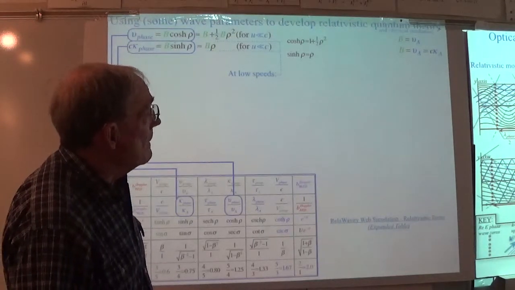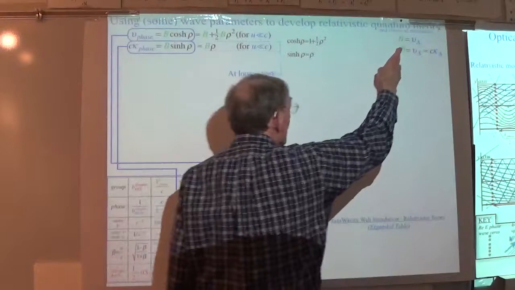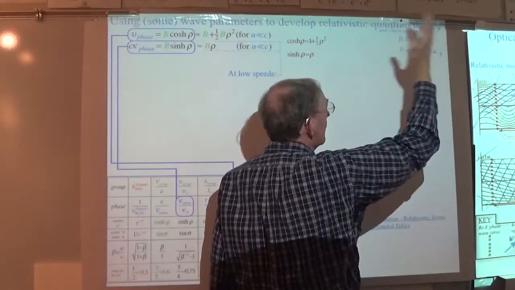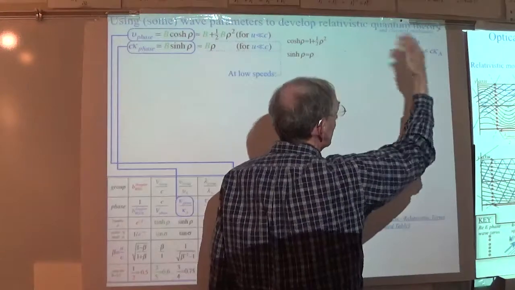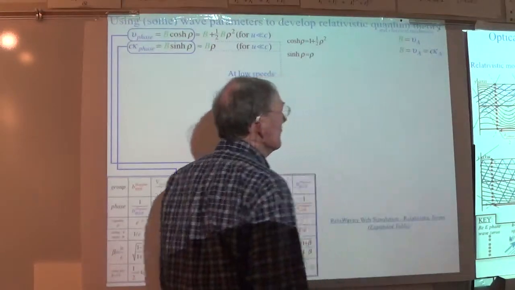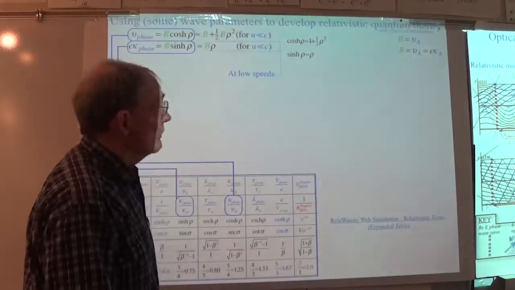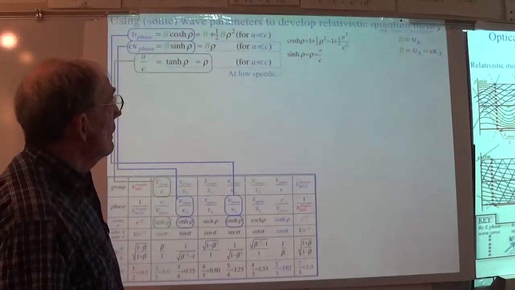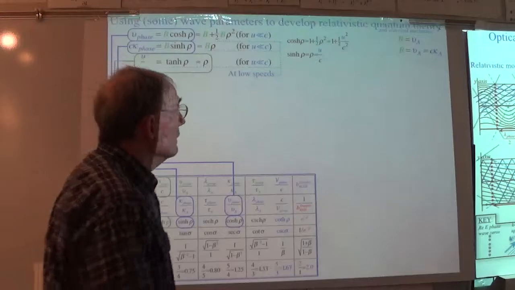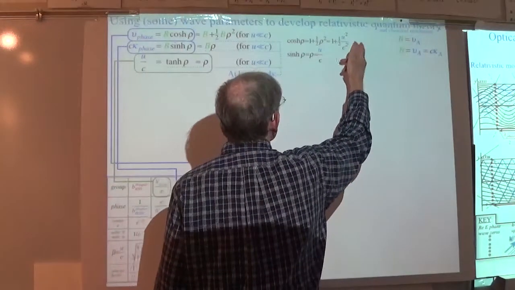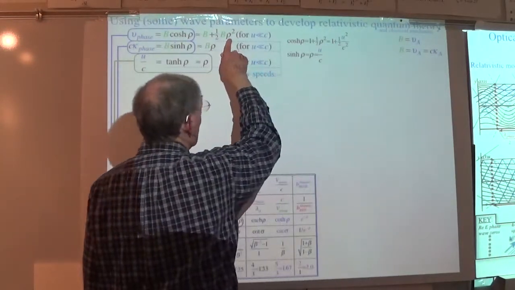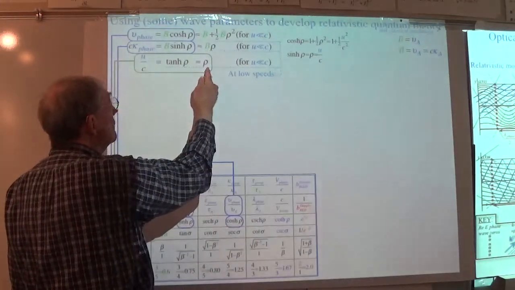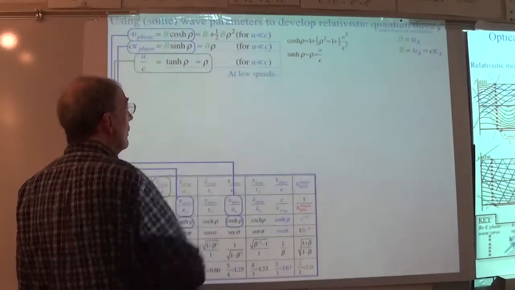Now remember what B was also. It's the frequency that Alice lays in, 600 terahertz for us. And then it goes with the c kappa as well. The kappa alpha is B over c. So this would be the second term, rho squared, because rho is hyperbolic tangent, also just rho when you're going slowly.